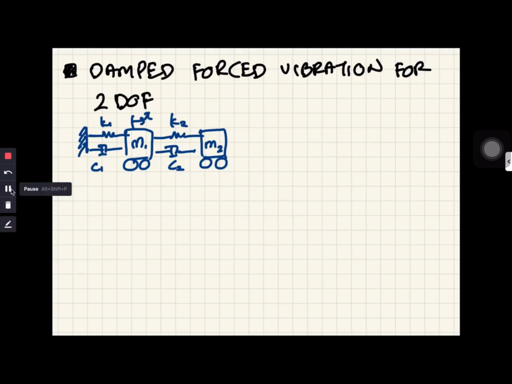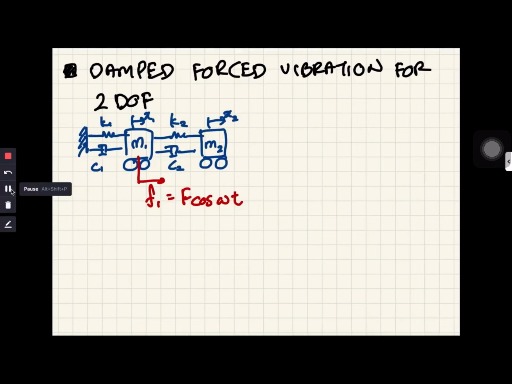This is X1 and this is X2. Again, say that the force is applied on M1, and this force F1 is equal to F cos omega t. Same thing as before that we did for the 2 degree of freedom system in the previous session.